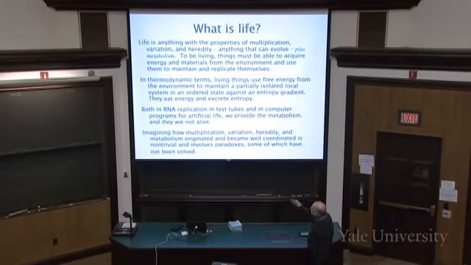So our problem is to figure out, how did this all get going? The first major transition was the transition from an abiotic world to a living world, the origin of life. And to do that, we had to get multiplication, variation, heredity, and metabolism. And the answer is increasingly that it is likely that metabolism came first, and that heredity and multiplication came second.